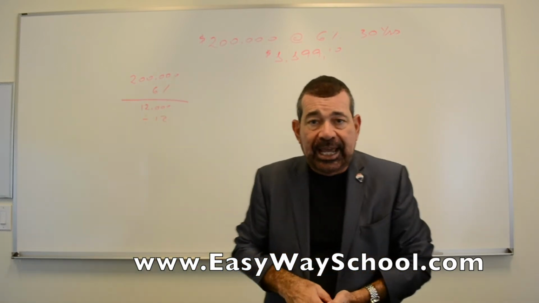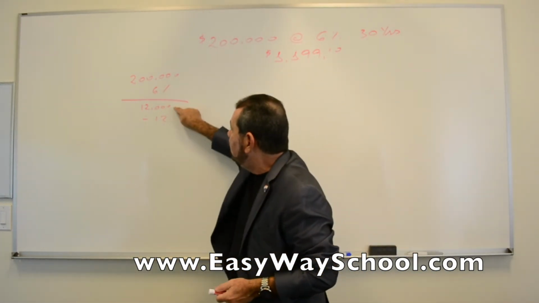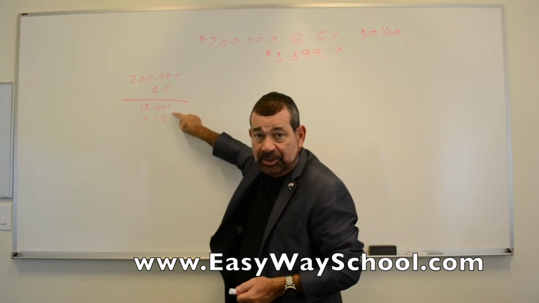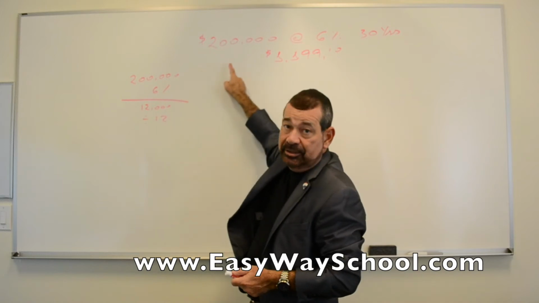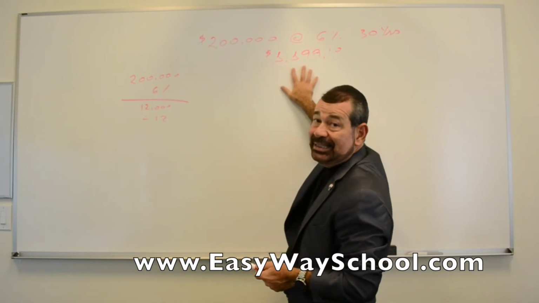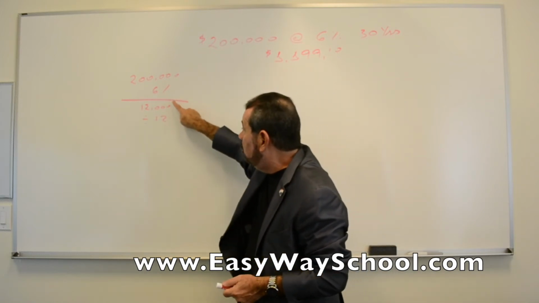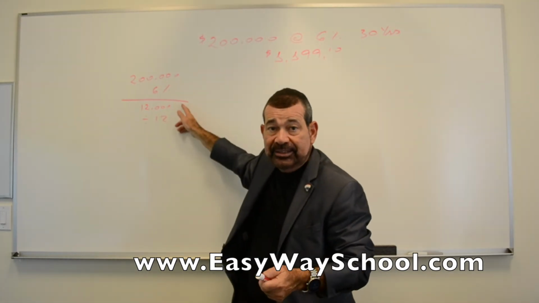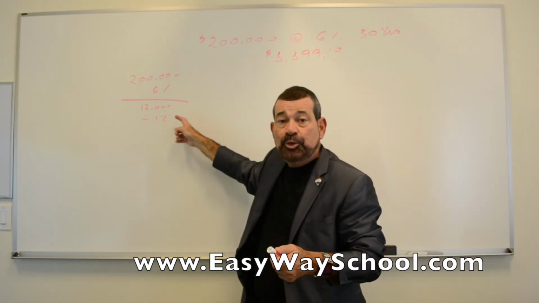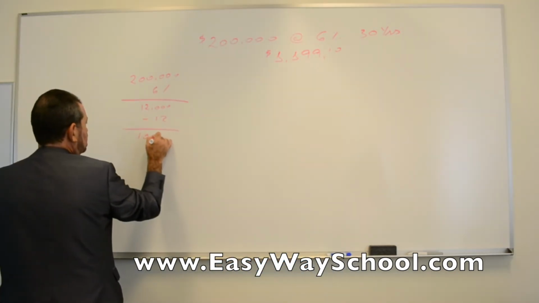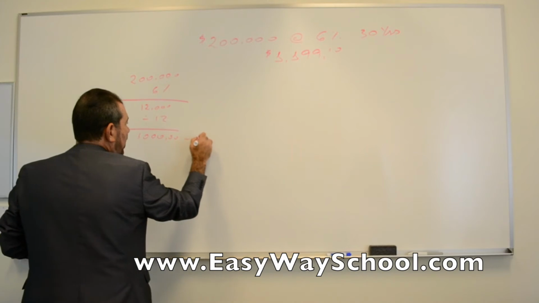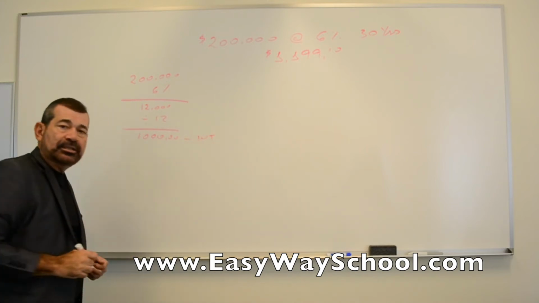Let's make it clear again. Why did I divide 12,000 by 12? Because 6% is my interest per year, and I'm trying to calculate my monthly. So in 1 year, we have 12 months, so we'll divide the amount by 12, and I will get 1,000. So that is my interest for the month.